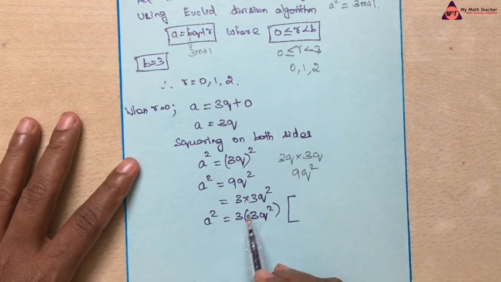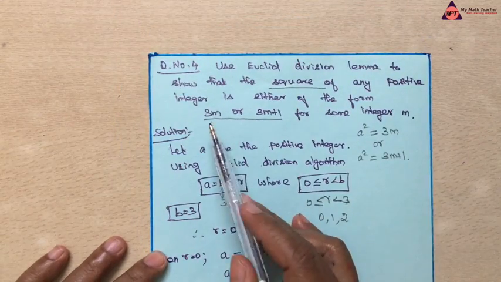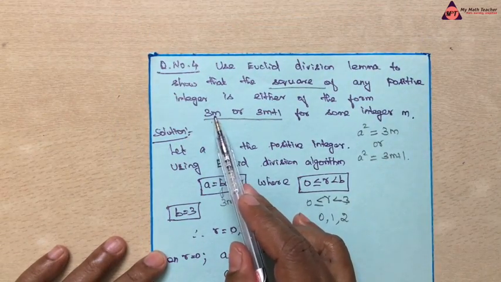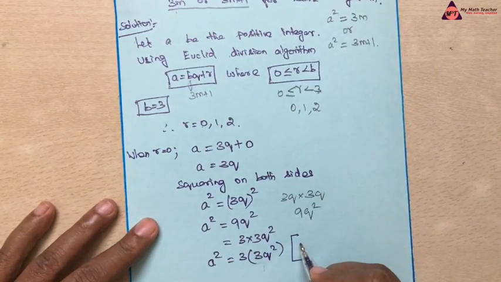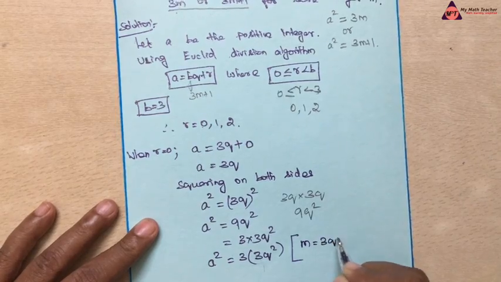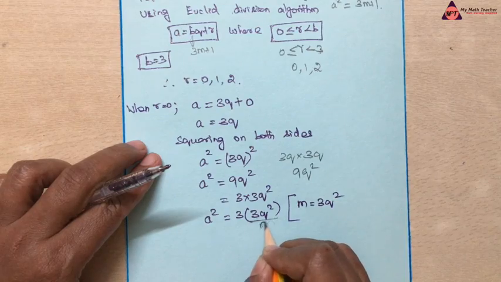So it is now 3 into 3q square, whereas the given question is in the form 3m, where m is the variable. So we are assuming m is equal to 3q square, which is this part we are taking as m.